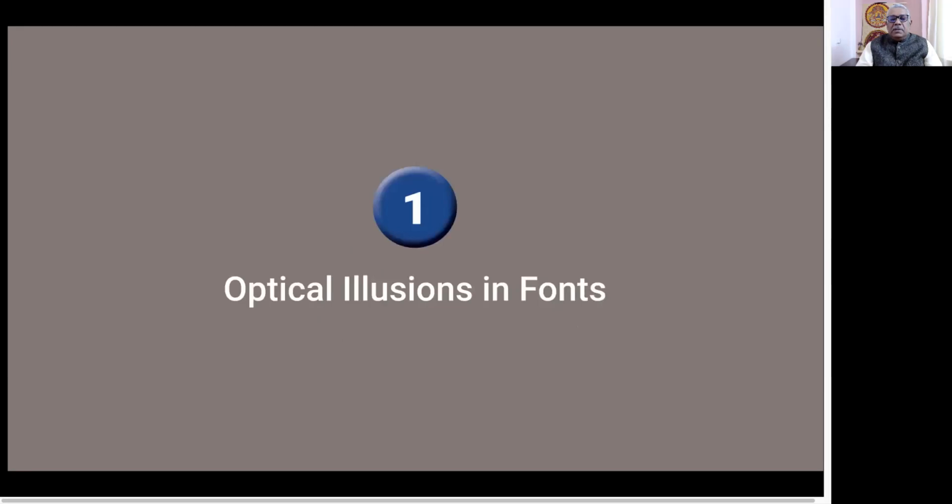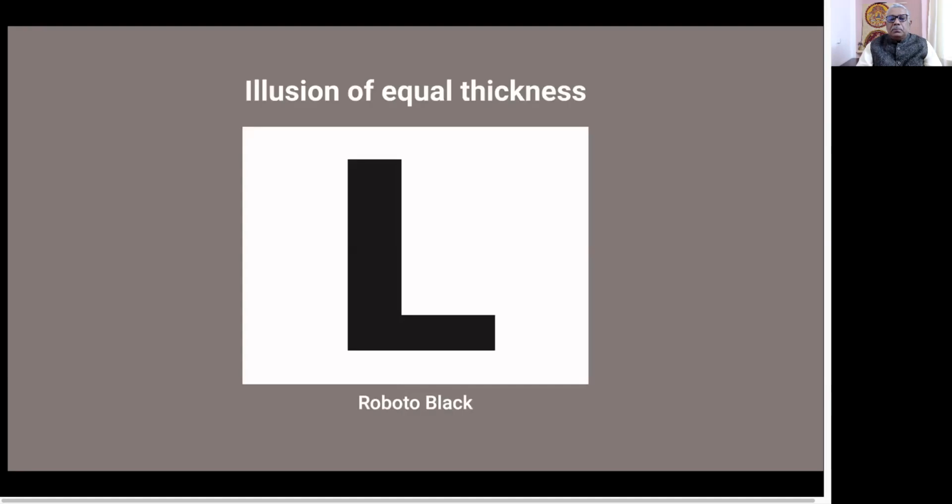So, first I will take a brief look into some of the optical illusions found in font design. All the typography enthusiasts and font designers are trained and aware of these illusions.